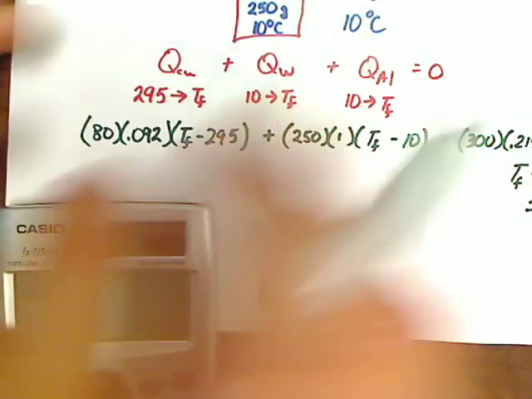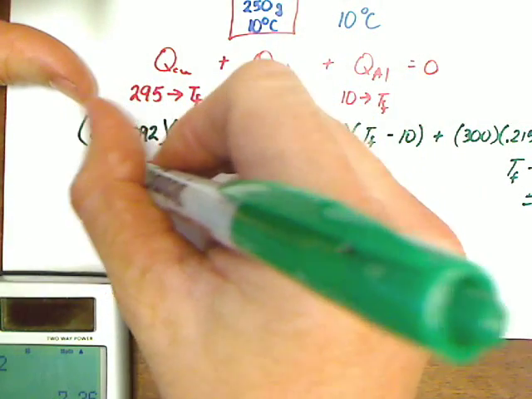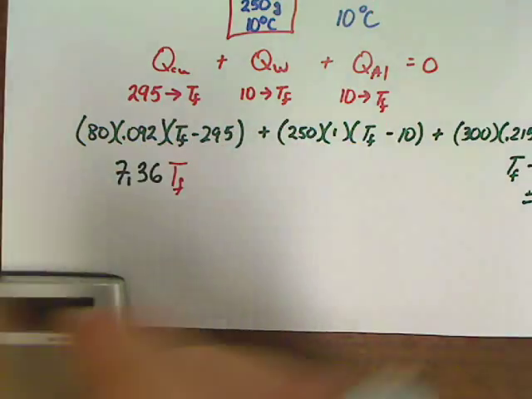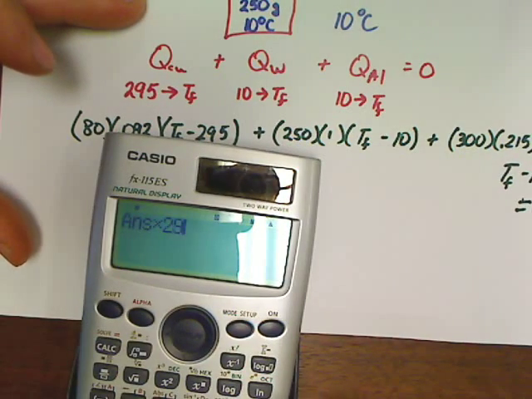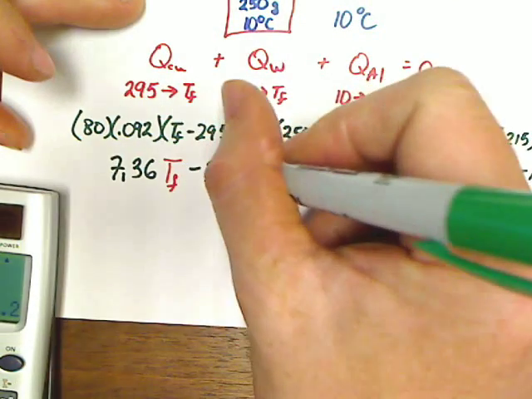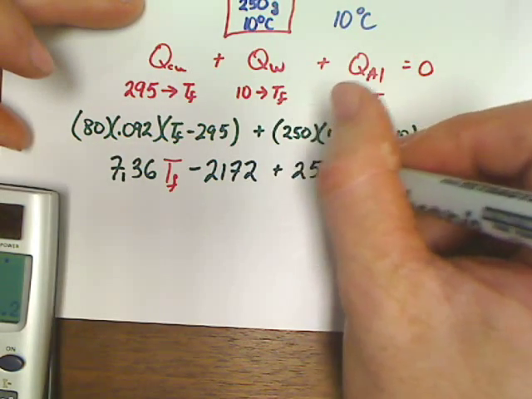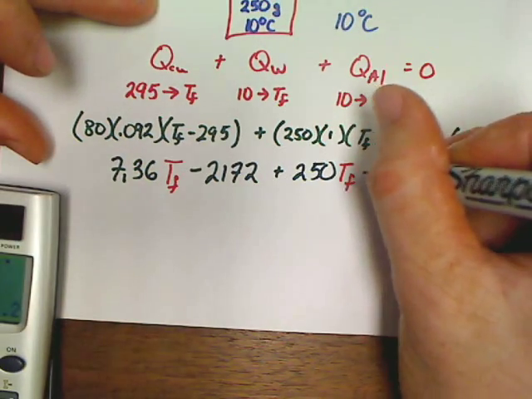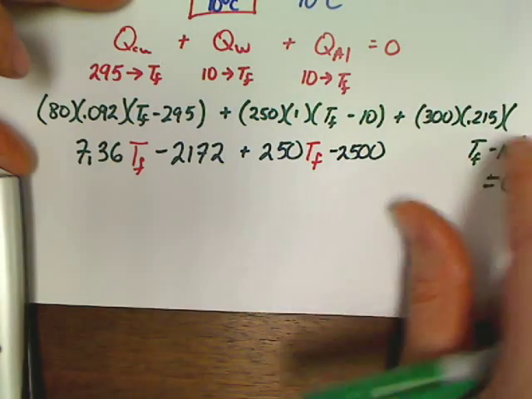So this is going to be, at this point, 7.36 times TF minus 7.36 times 295, 2171, so minus 2172, plus, hey, I like this one, 250 TF minus 2500, and then let's break this last one now. It's getting kind of sloppy here.